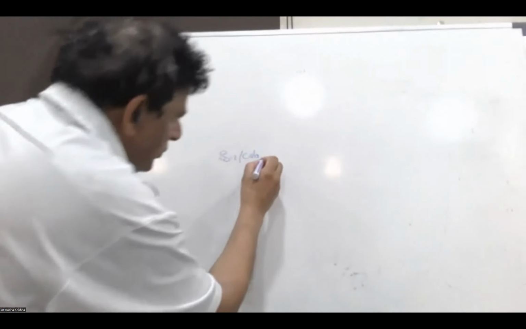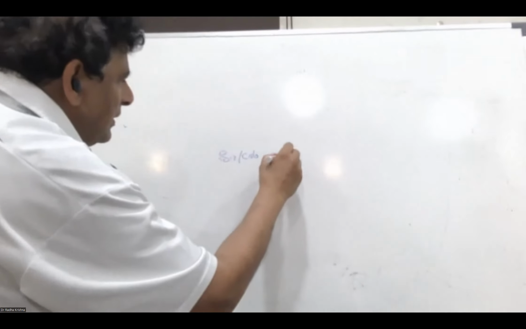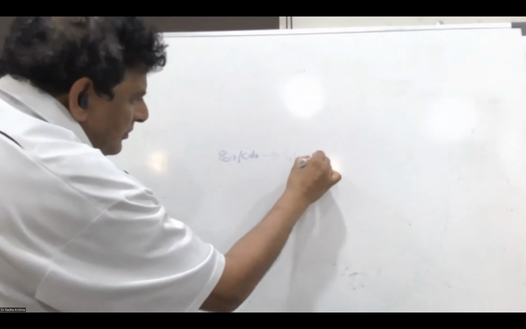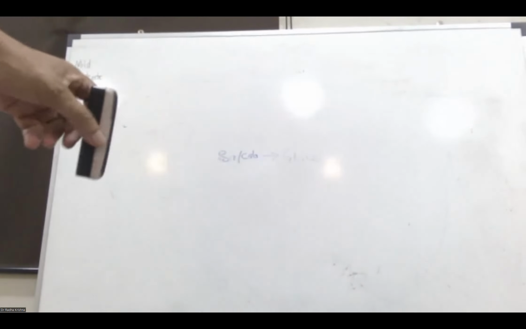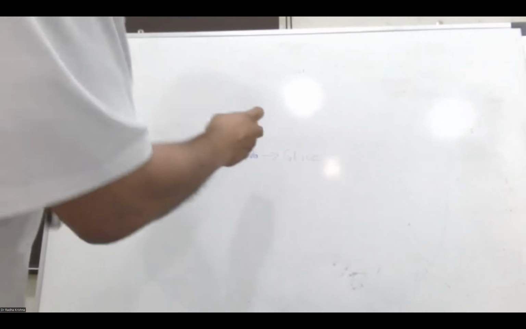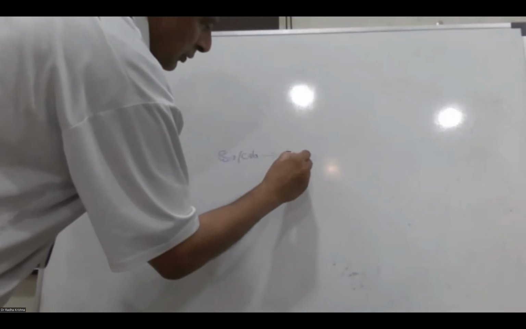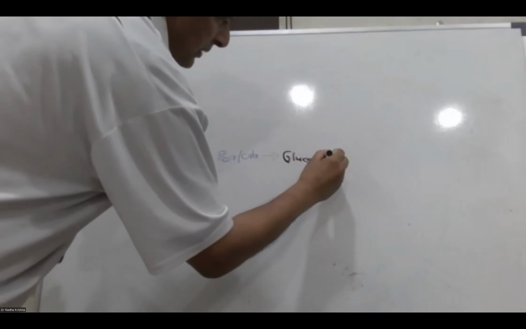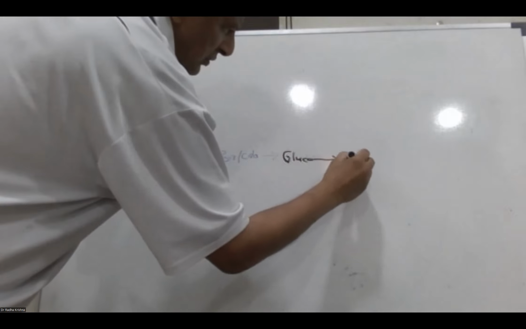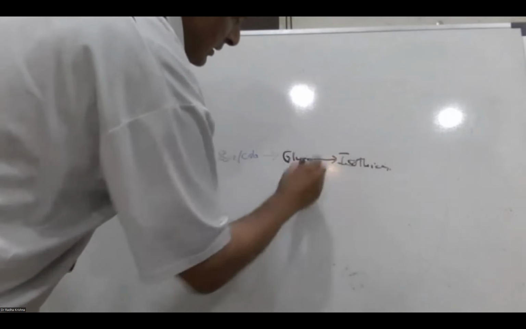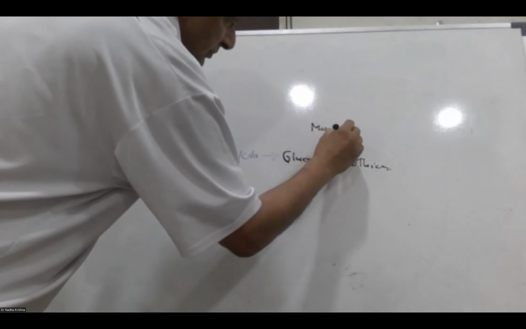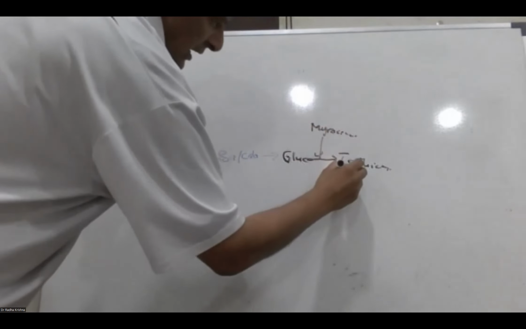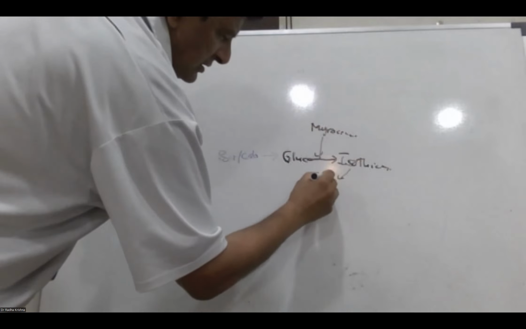It breaks down to another product called glucoraphanin. Glucoraphanin breaks down to isothiocyanates. Here it requires myrosinase. Okay, and it breaks down to sulforaphane.